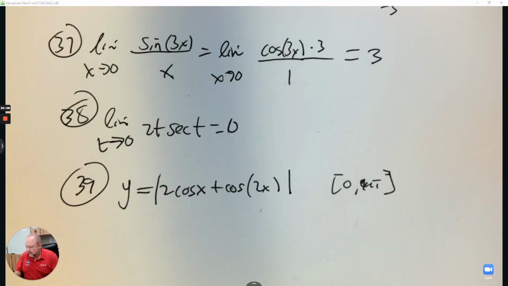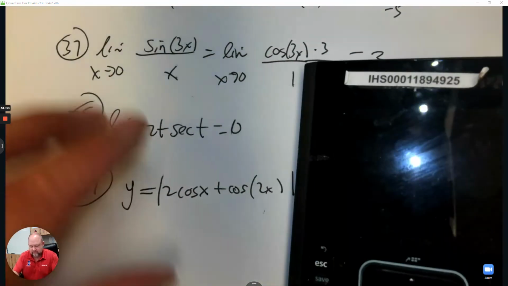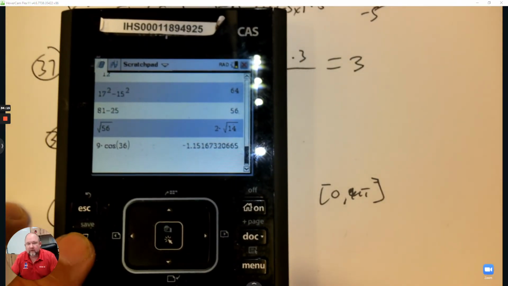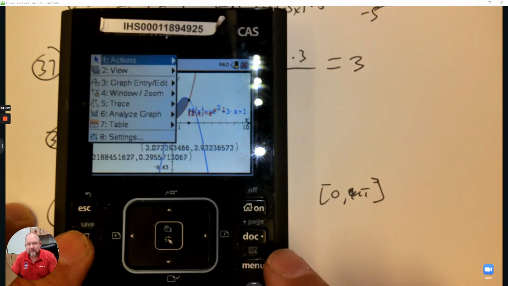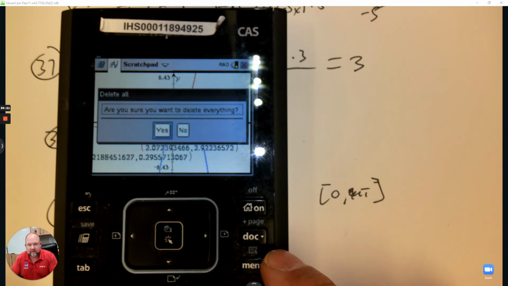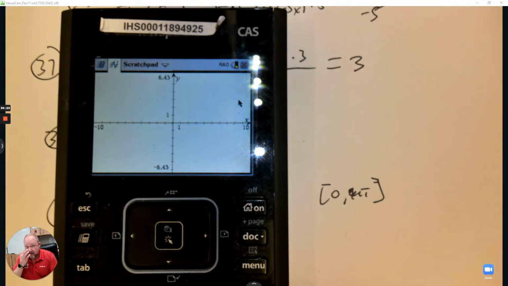All right, so let's graph this with our calculator. If I have something there, which I do, I'm just going to erase it all. So I'm going to press 1 and then delete all and just start fresh with a fresh sheet.